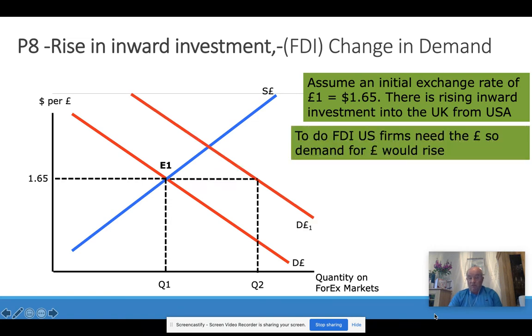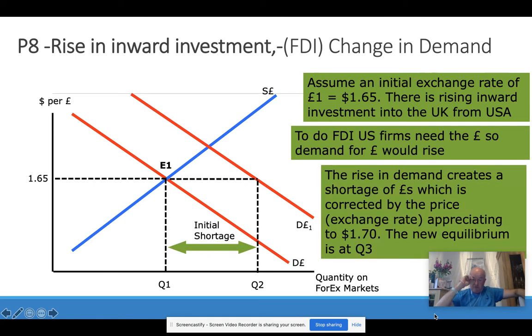But obviously when we've got foreign direct investment, the USA is going to have to buy pounds with their dollars, and effectively the demand for pounds is going to increase. It's going to move the demand curve out to the right.